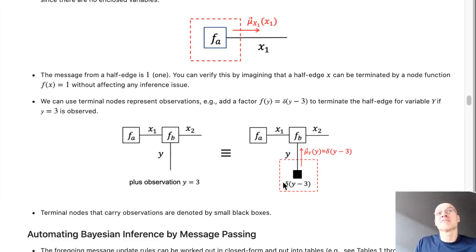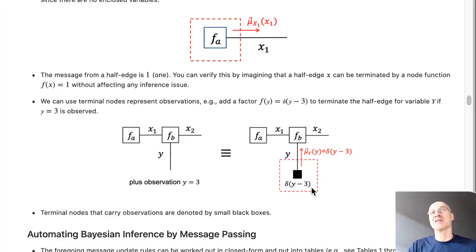The convention is nodes that have a Dirac delta as a probability distribution, we color them as small black boxes, just to indicate it's actually observed data. There isn't uncertainty there, it is hard data. But you can just glue it onto your graph. You have a new graph now that consists of the old information, your model about all your variables, plus data.